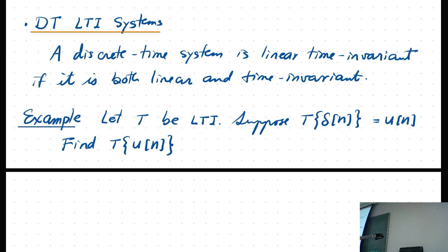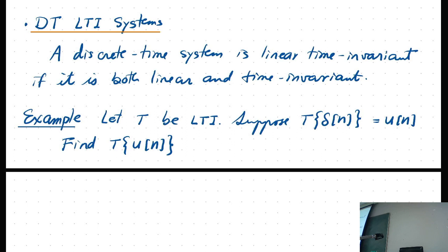The second sentence means that the question tells you that whenever the input is a unit sample, you're giving the unit sample to the system, then the system will respond with the unit step signal. Okay, nothing else. It doesn't tell you anything else other than the unit sample.